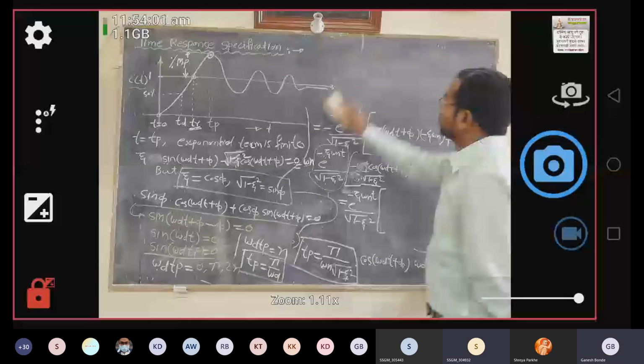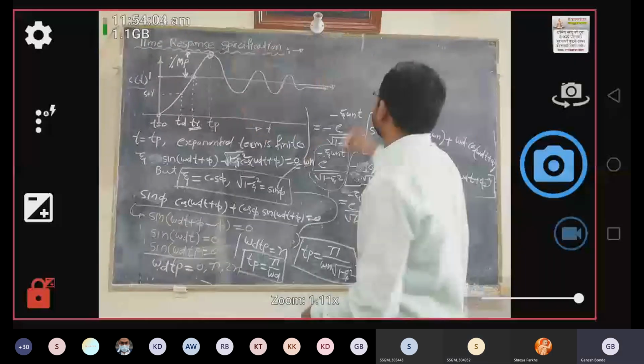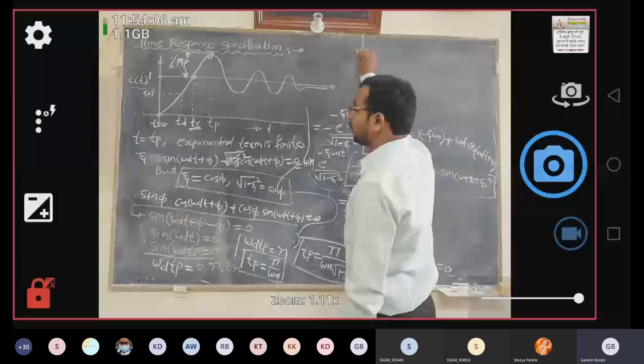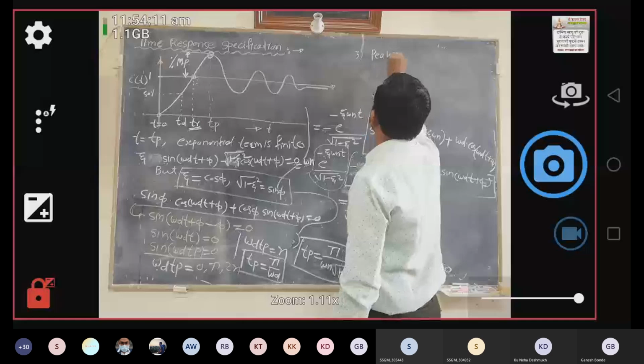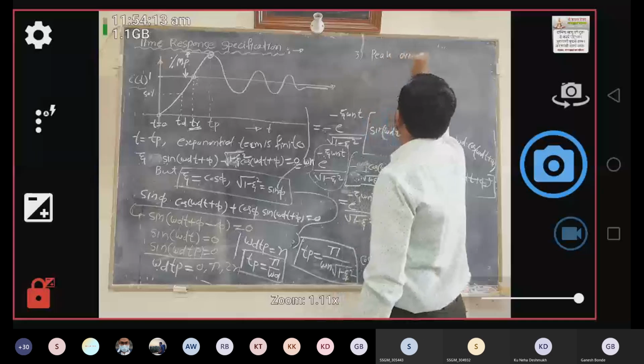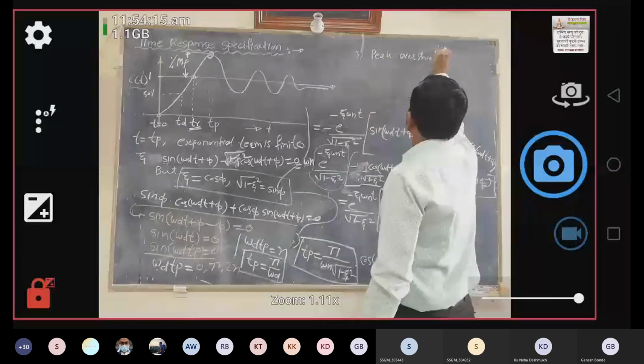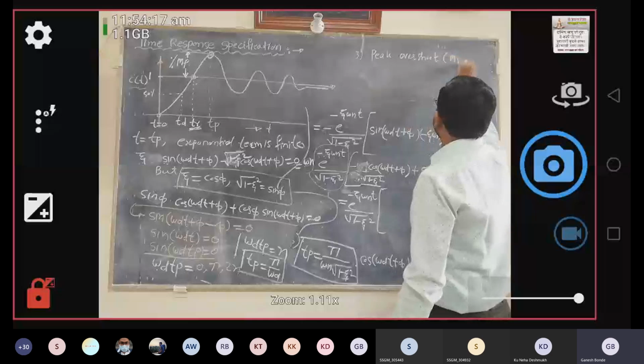So again in the next lecture we are going to derive the expression for peak overshoot. So write down the next specification, that is peak overshoot, and it is denoted by MP.